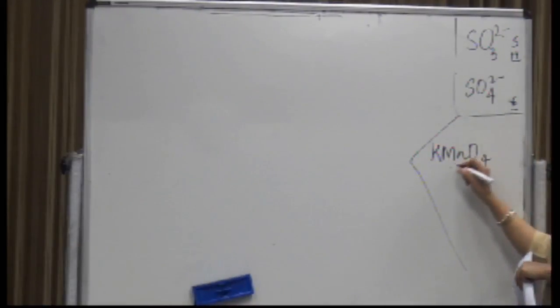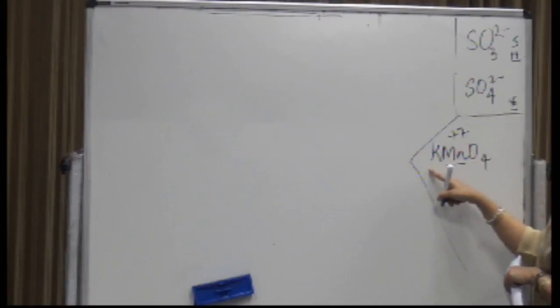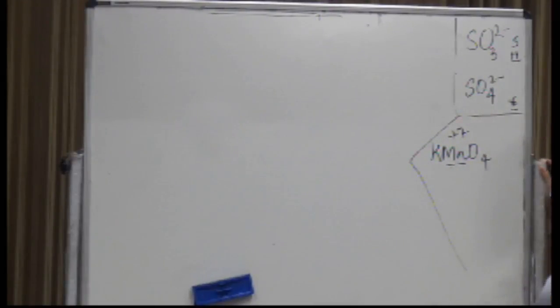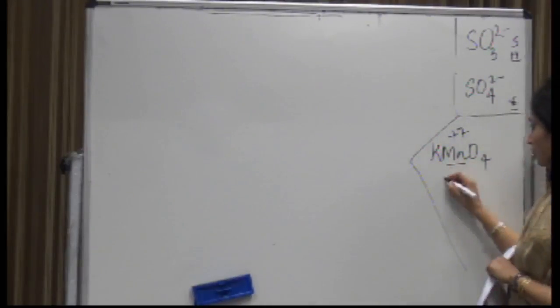So here, if we have KMnO4, the oxidation state you just found to be +7, +1, -8, so +7. So the oxidation state of manganese is +7 here. Now if it is +7, I know manganese can exist in +4 also, like MnO2.